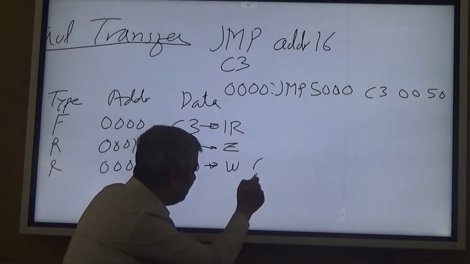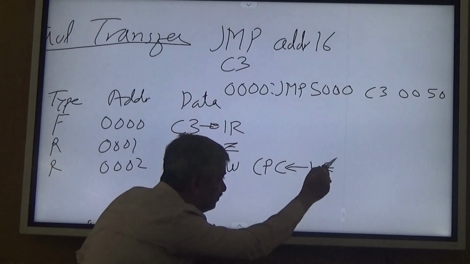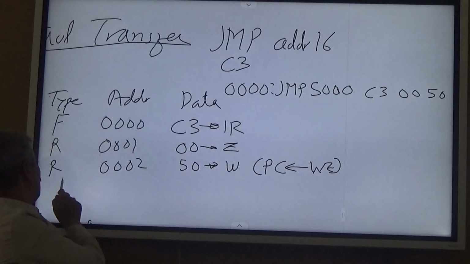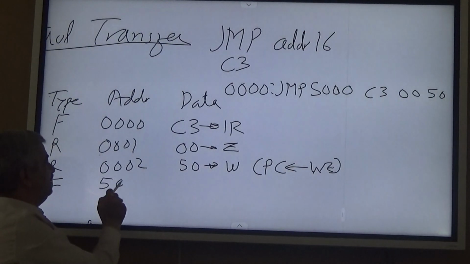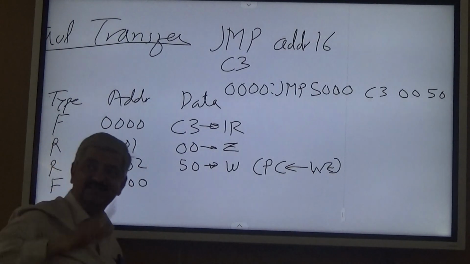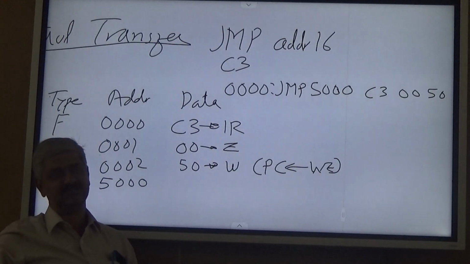So in the bracket now, is it right? And then it will fetch from 5000. So the next instruction will be from 5000. Is it clear? Is it okay? It's a jump and control transfer instruction.